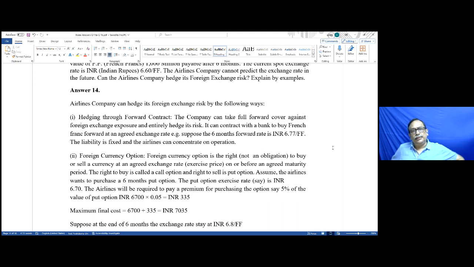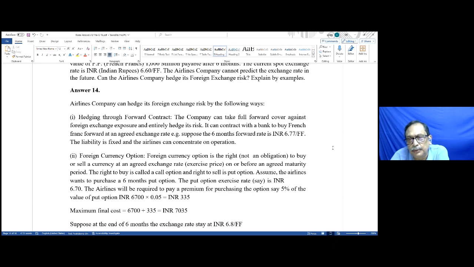Number one, hedging through forward contract. The company can take full forward cover against foreign exchange exposure and entirely hedge its risk. It can contract with bank to buy FF forward at an agreed exchange rate.